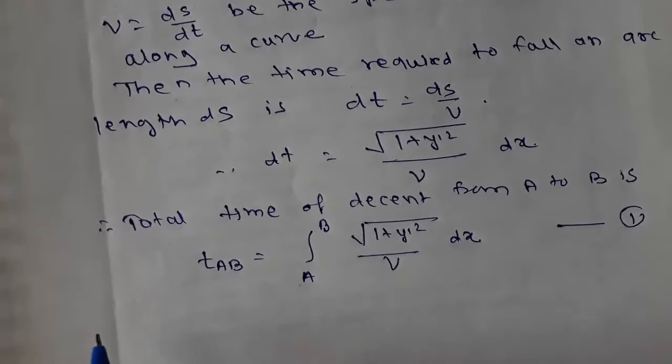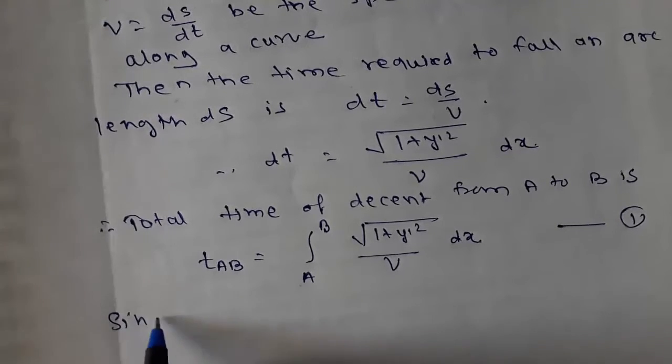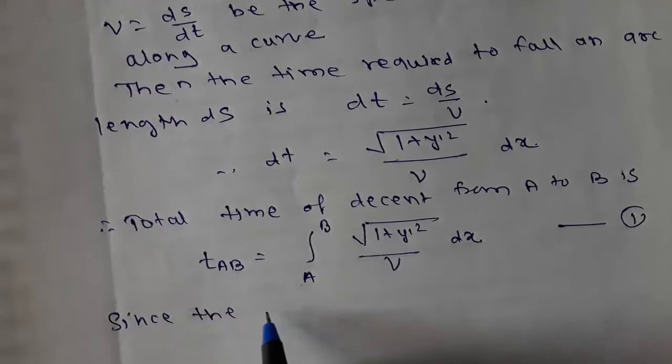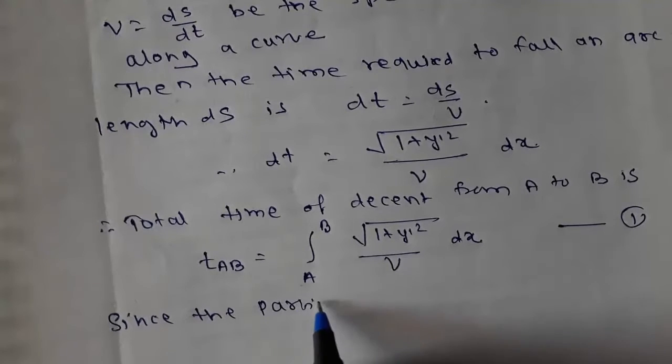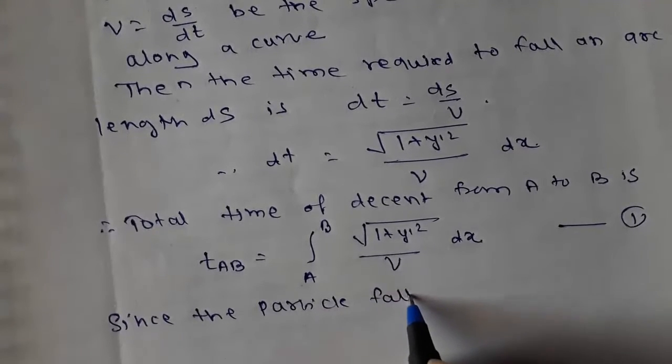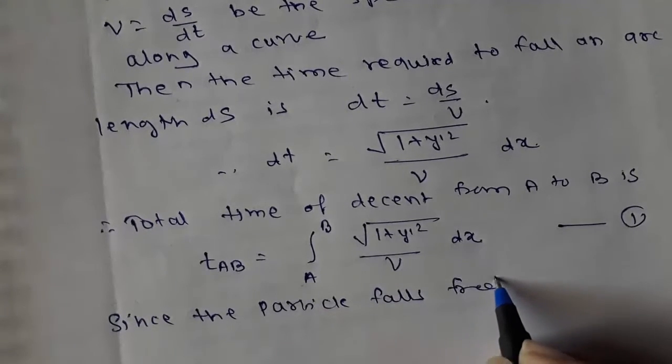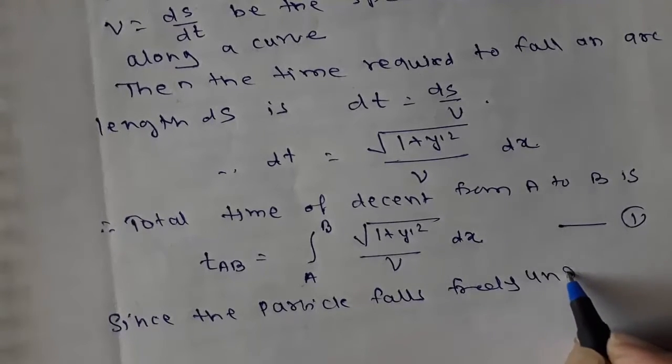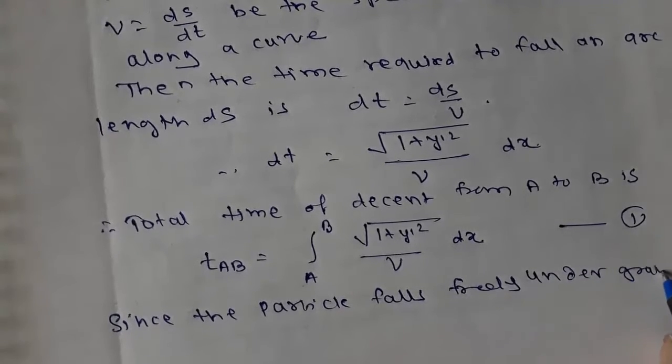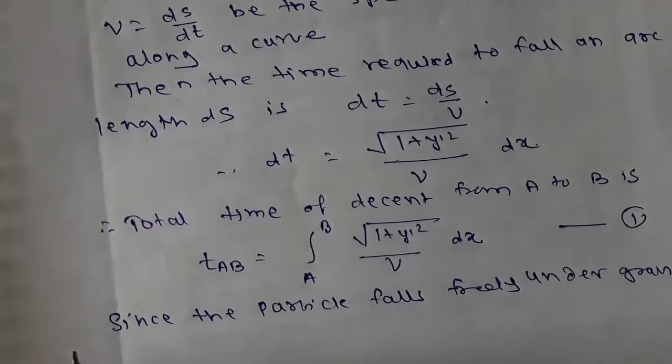Since the particle falls freely under gravity, there is a decrease in the potential energy.